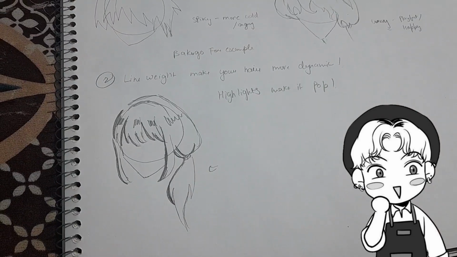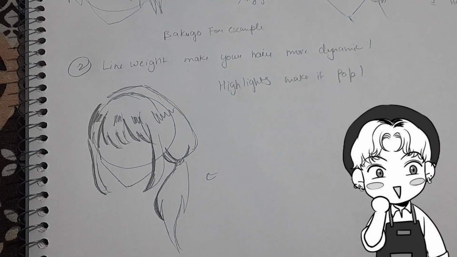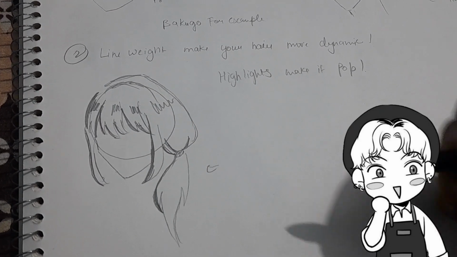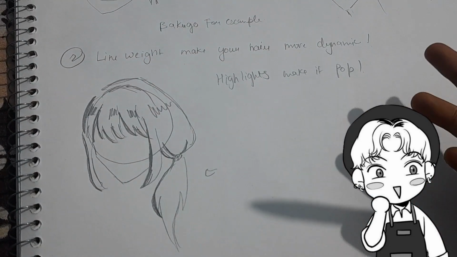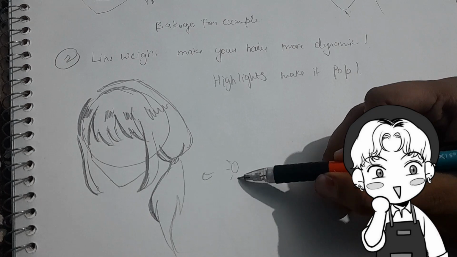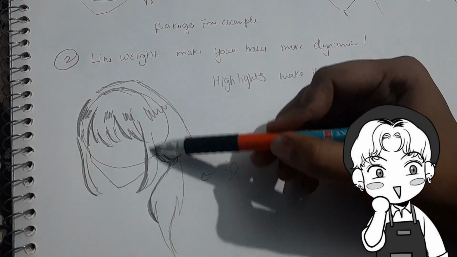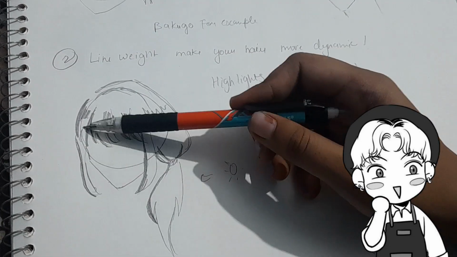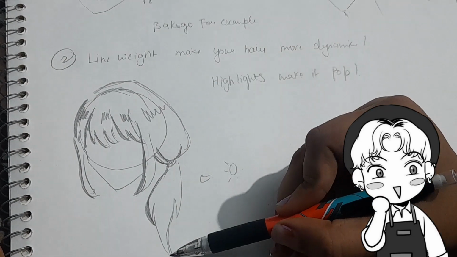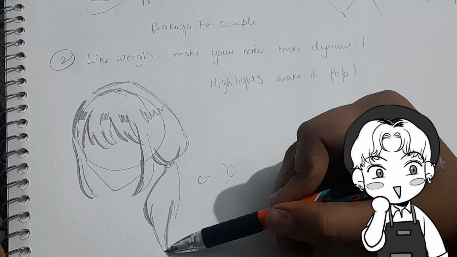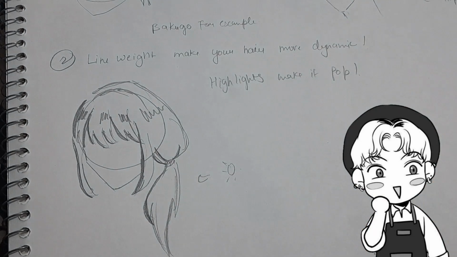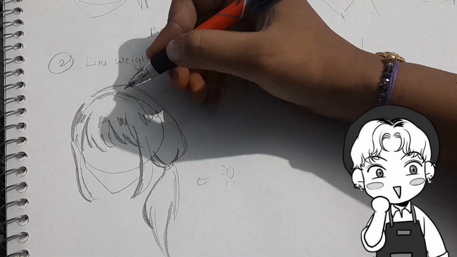Now we are going to move on to the second step, that line weight is very important in drawing hair. Line weight makes your art look very clean and professional. By adding these line weights, you tell the viewer where the shadow is and where the light is coming from.